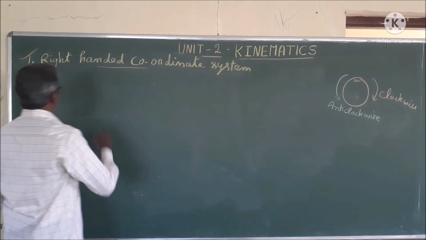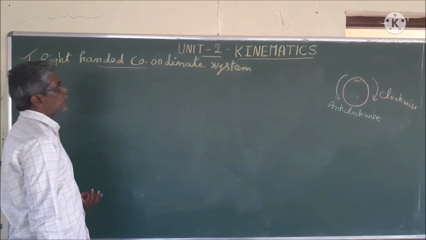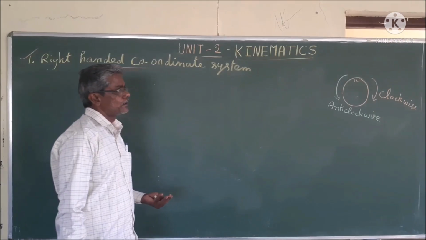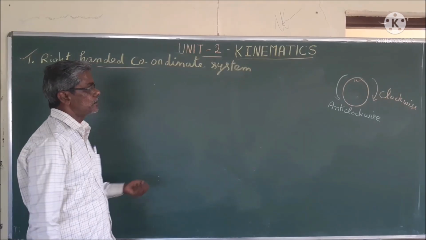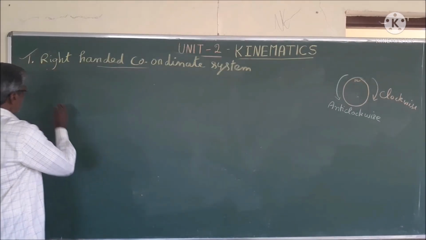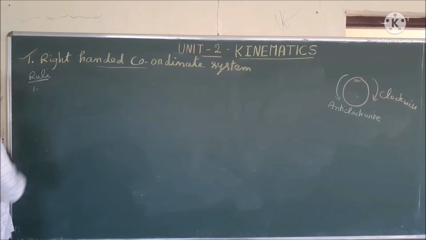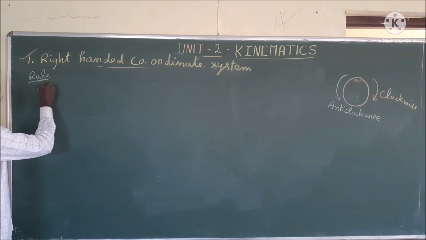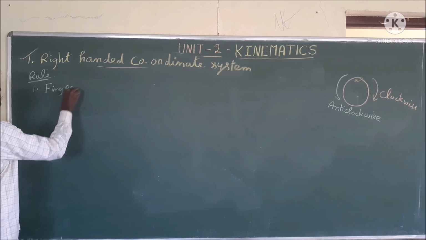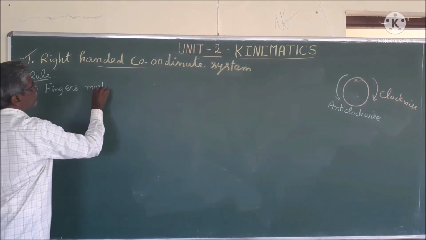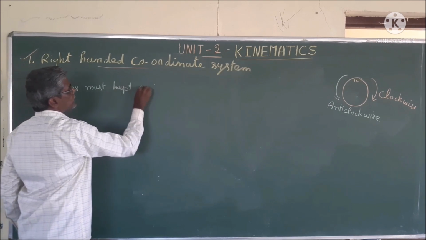Now, for finding out the right-handed coordinate system, actually there are three rules. Rule number one: the fingers must get on the x-axis.